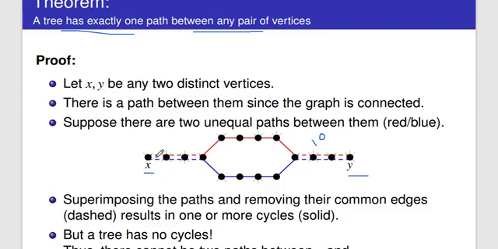Let's assume there are two different paths from x to y, one red and one blue. But then you can see that between vertex p and vertex q a cycle is formed. But a tree has no cycle, so this is not possible, and our assumption is wrong. So this theorem holds true: a tree has exactly one path between any pair of vertices.